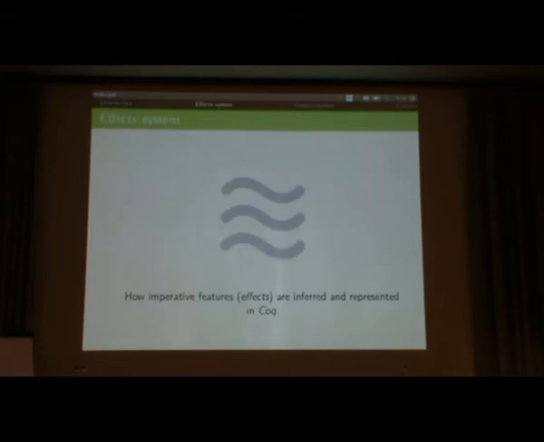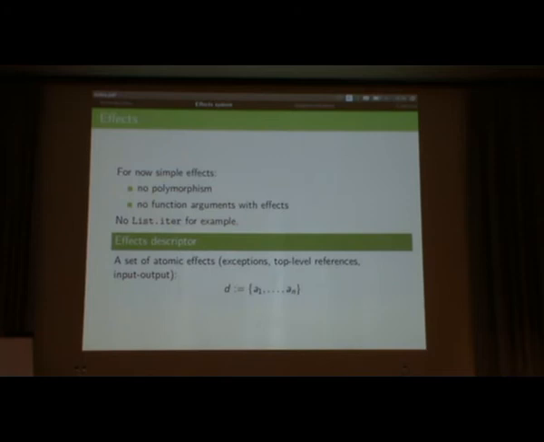Now we explain exactly how imperative features are inferred and translated to Coq. So, effects. For this work, I used a simple effect system because there's a lot of literature about the system, so I didn't want to focus too much on this part. I have two main restrictions: no polymorphism, and arguments of functions must be effect-free.